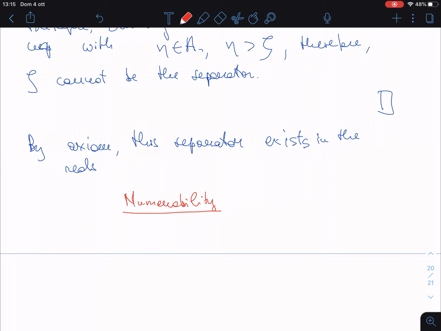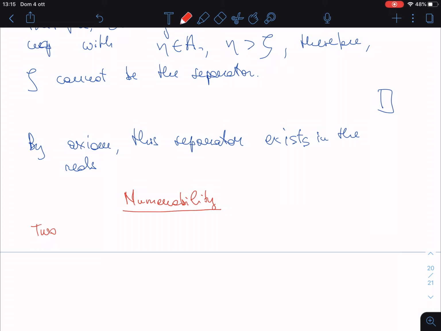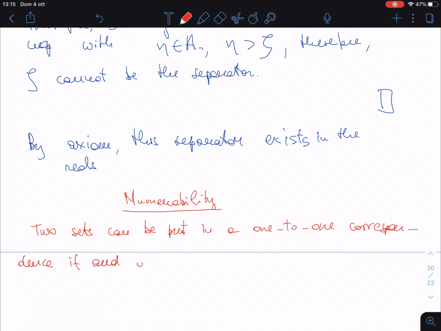So the first thing is, remember when I talked about bijections, I said that this is the principle: two sets can be put in one-to-one correspondence if and only if they have the same number of elements.